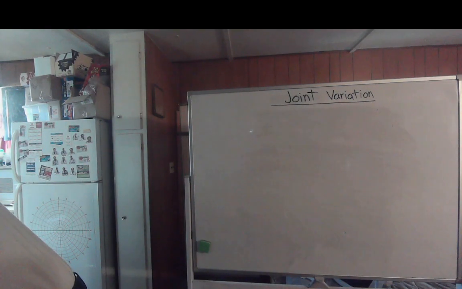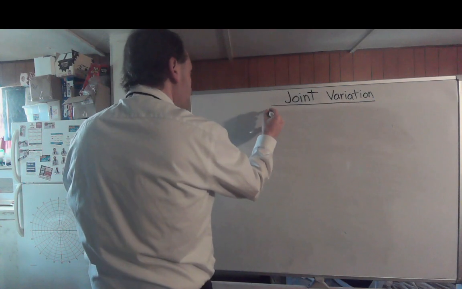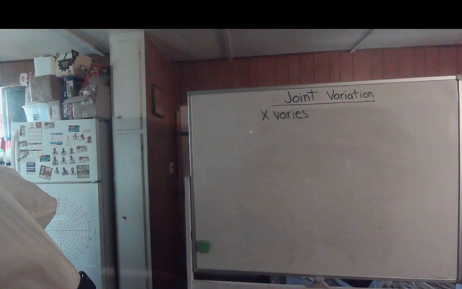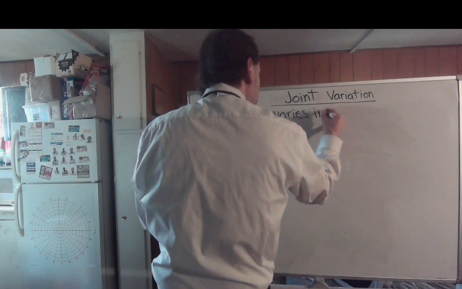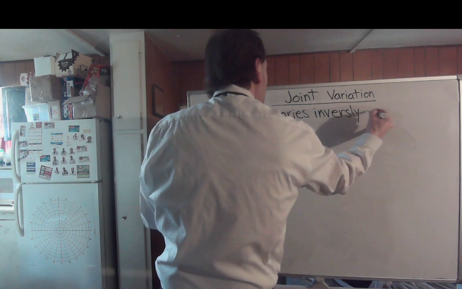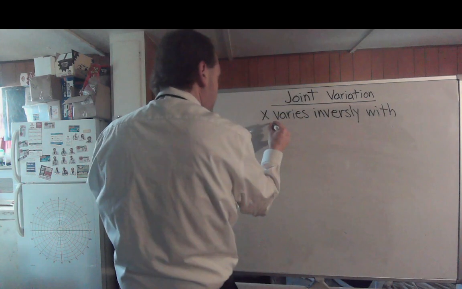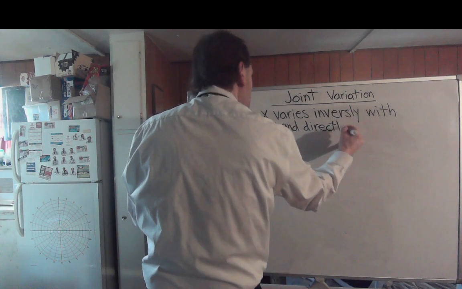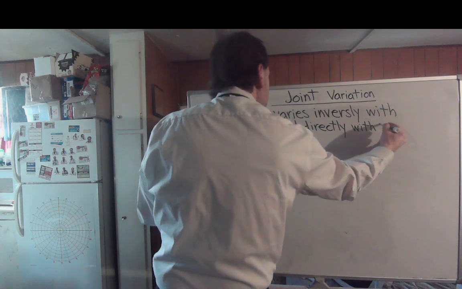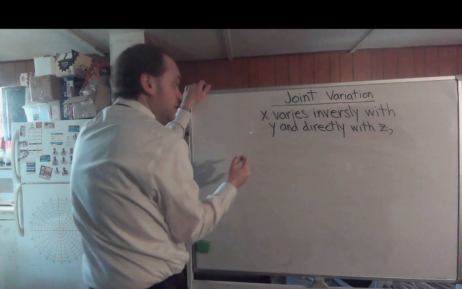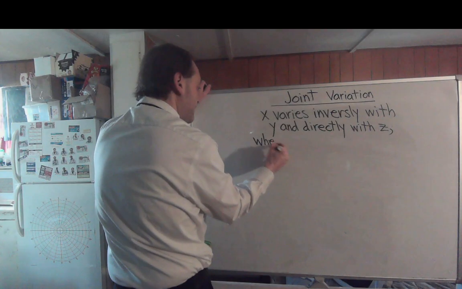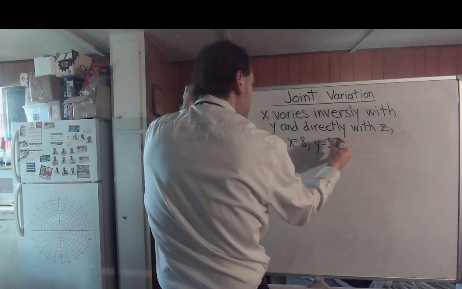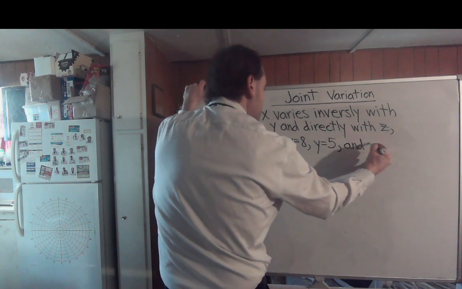So, for example, x varies inversely with y and directly with z when x equals 8, y equals 5, and z equals 2.